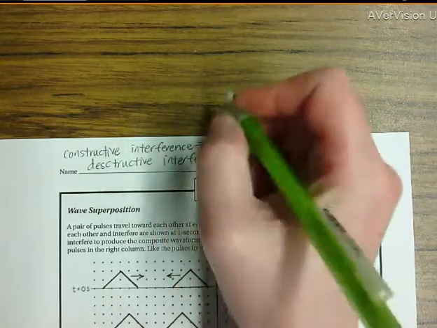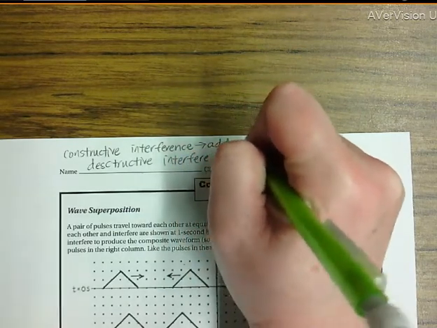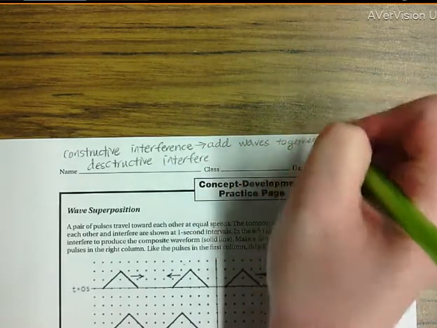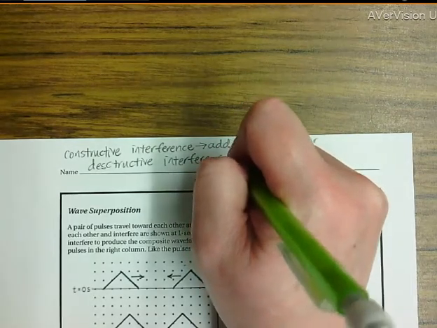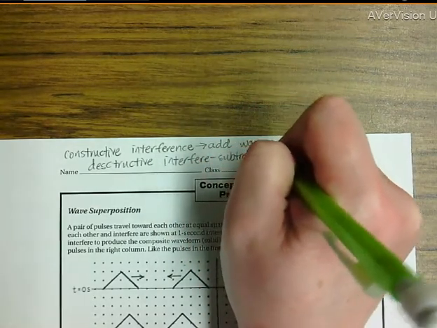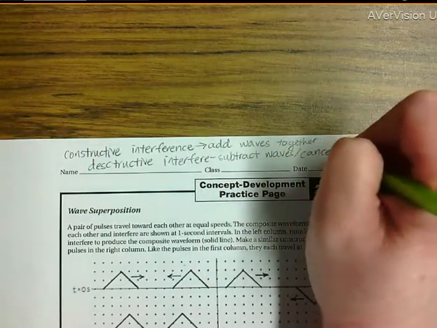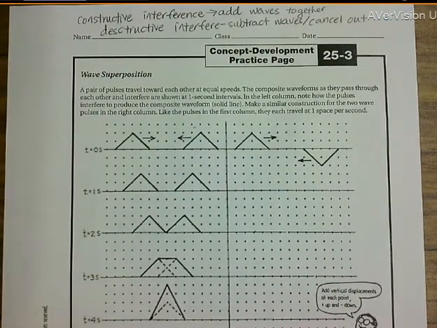Constructive interference means that we add the waves together, and destructive means that we're going to kind of subtract, if you will, the waves. They cancel each other out. So we're going to make use of that today when we talk about wave superposition.